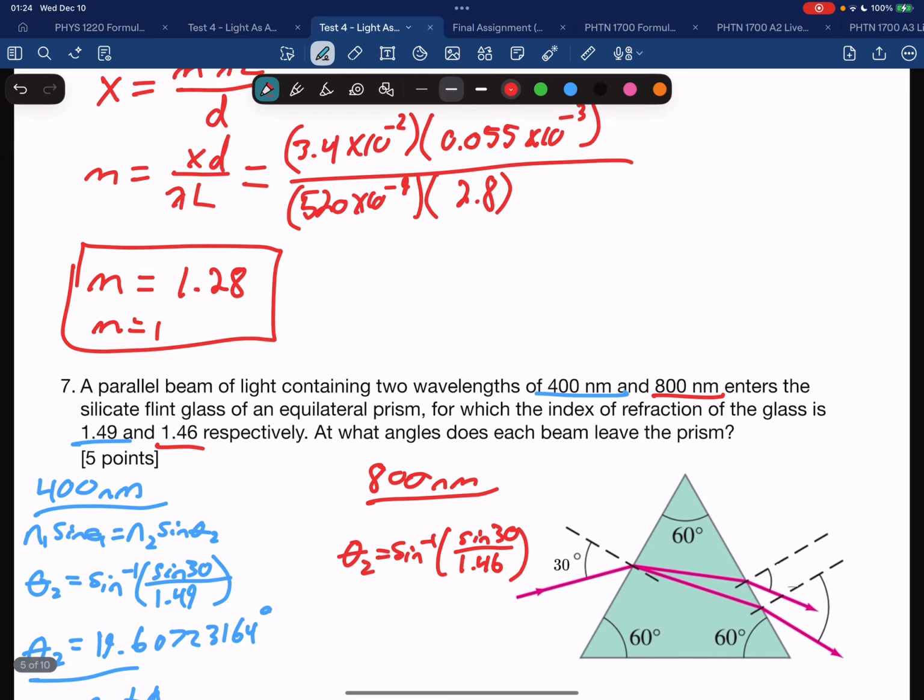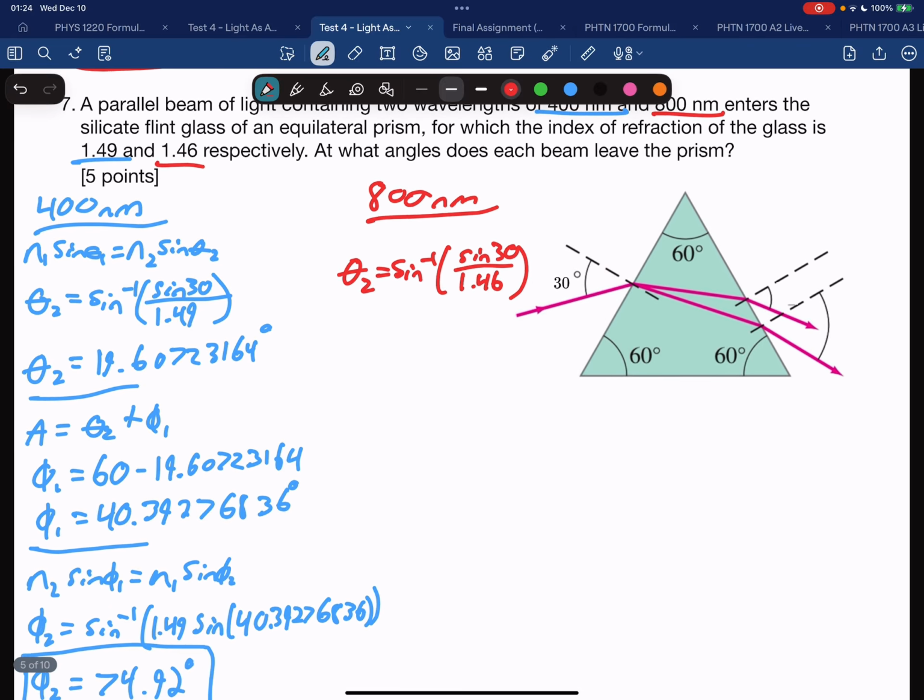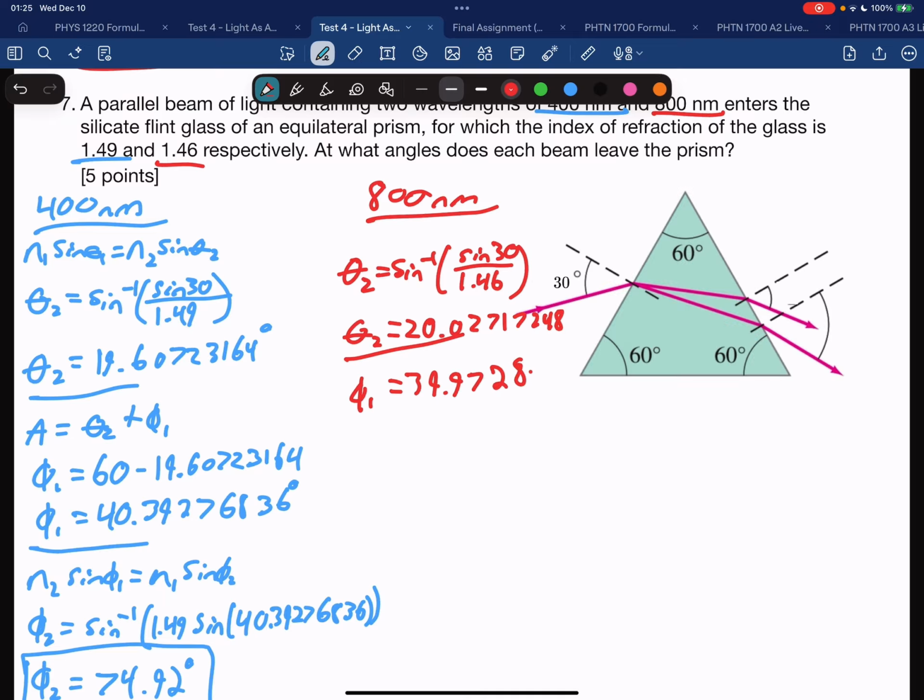It is 0.03 less, so our numbers will change accordingly, and we end up with a theta 2 of 20.0271724, and then we get a phi 1 of 39.97282752.